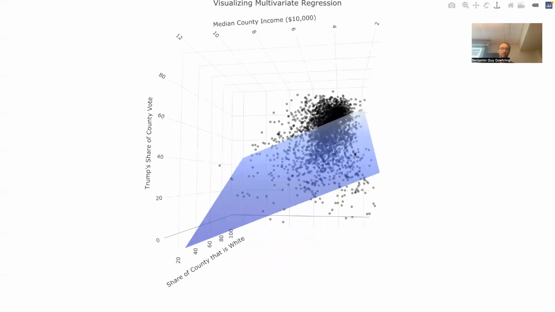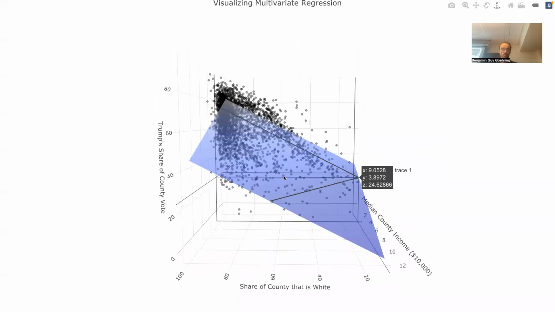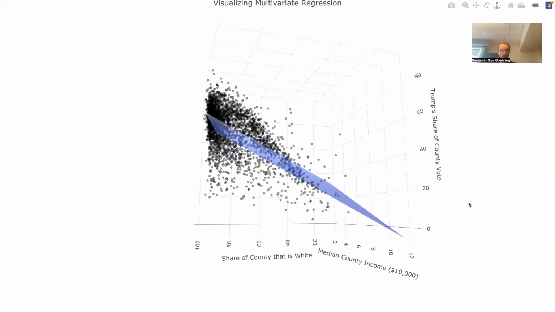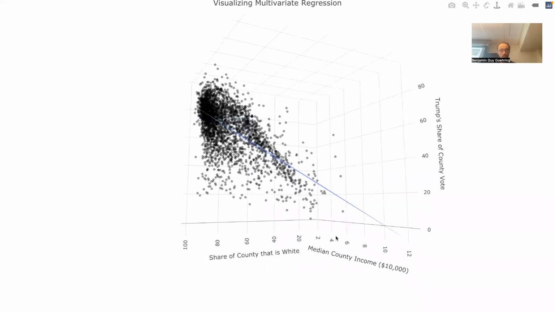So it's doing the same thing, characterizing the conditional average.